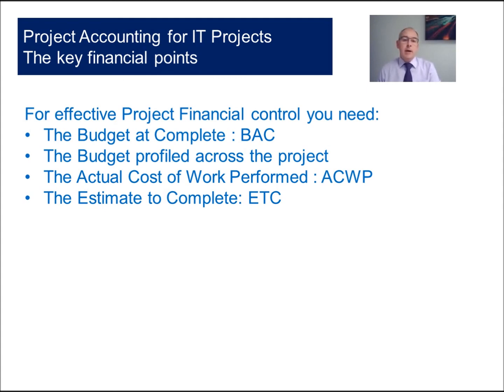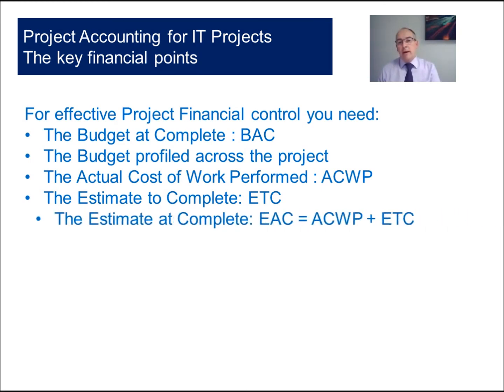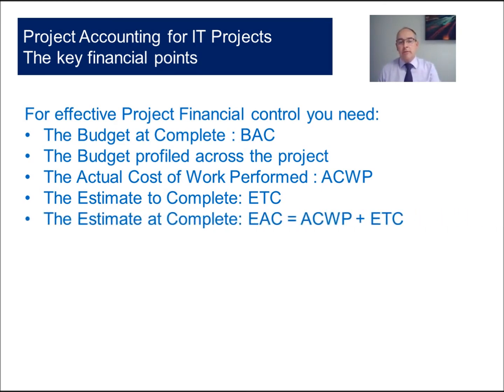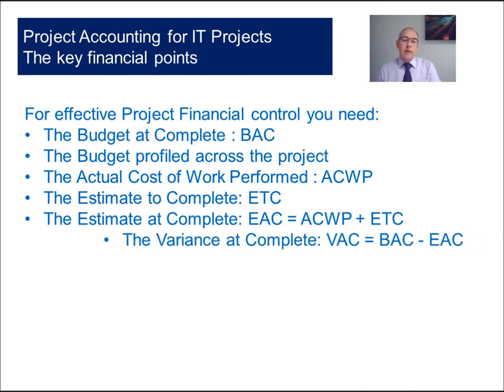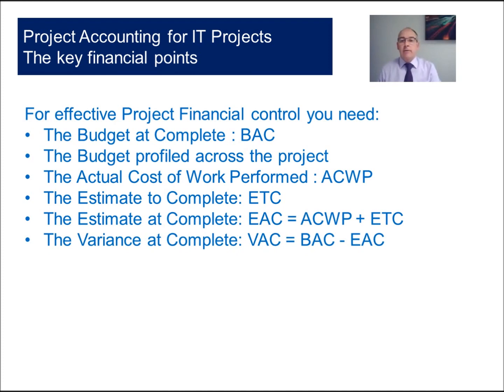What's the work coming up by stage to complete that stage and to complete the project? And then from that we can calculate the estimate at complete, because that's an algorithm of the actual cost plus the estimates to complete. And finally we can then work out the variance at complete, and we want to know whether we've got a positive or negative variance. Or are we going to come in on budget, which would be great.